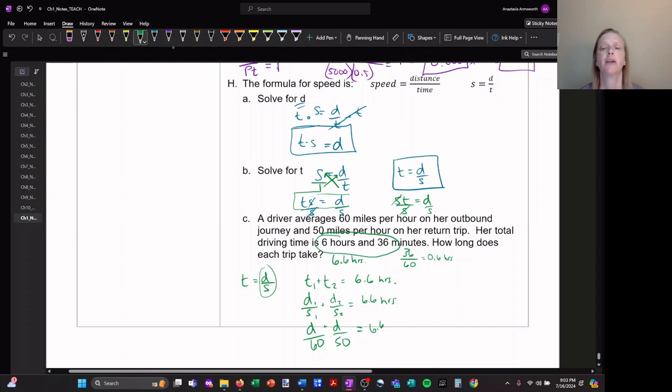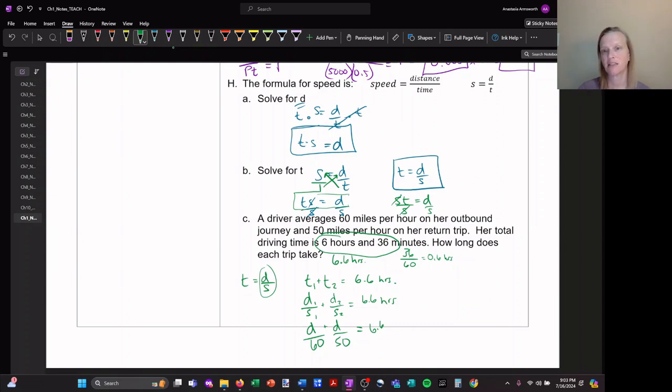Now, here I have two fractions that I'd like to add together because I really want to have just one term with a d in it. However, when you add fractions, they need to have a common denominator in order to be able to add them together.